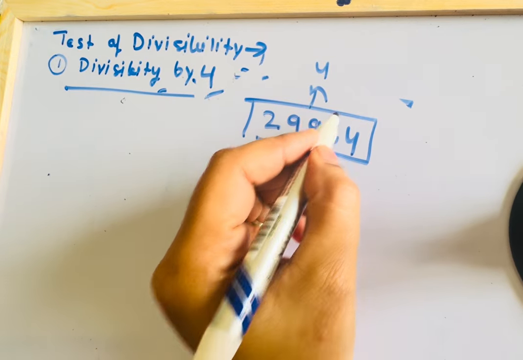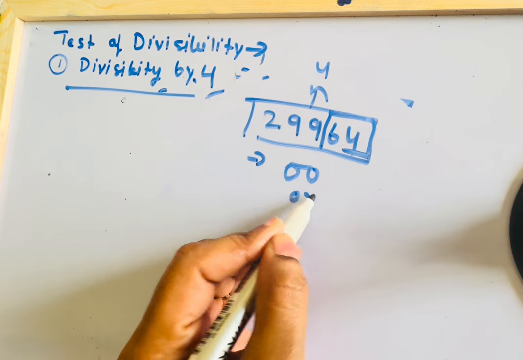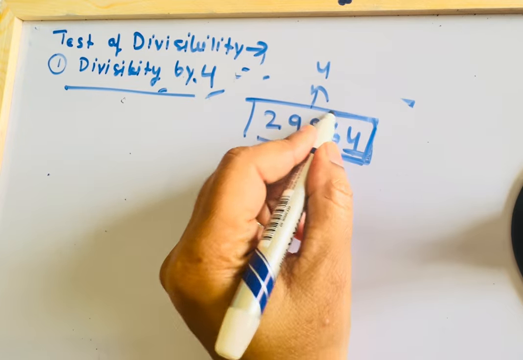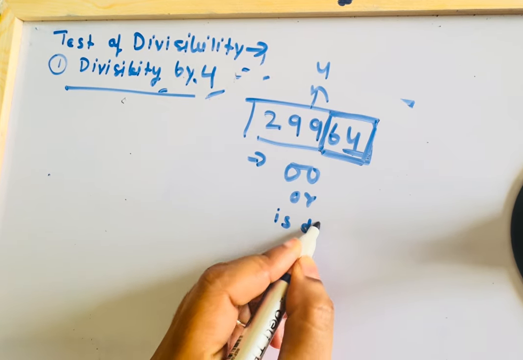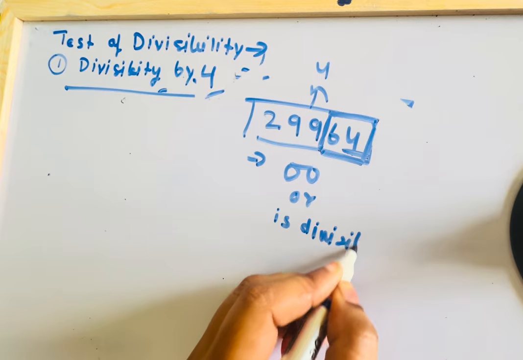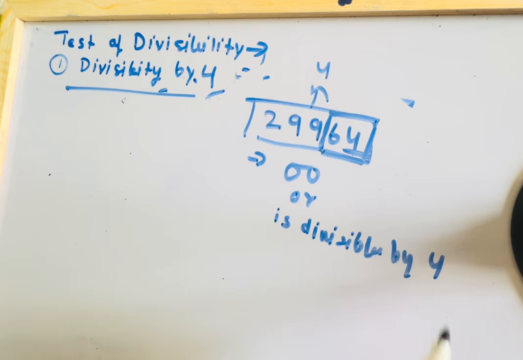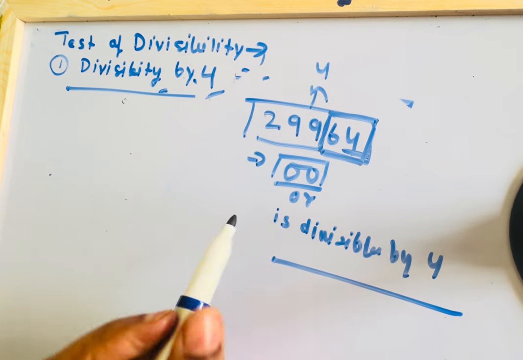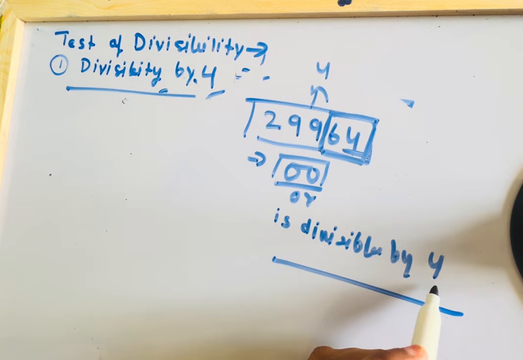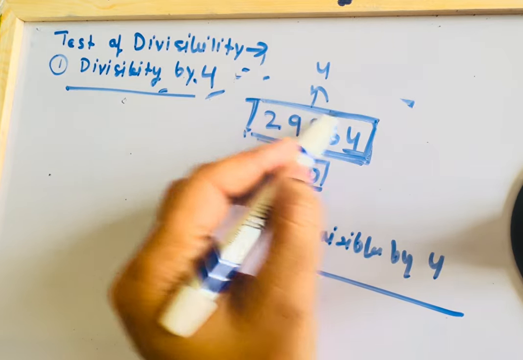Either the last two digits are 0, 0, or the last two digits are divisible by 4. It means that number is divisible by 4.